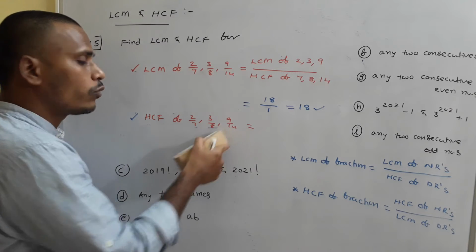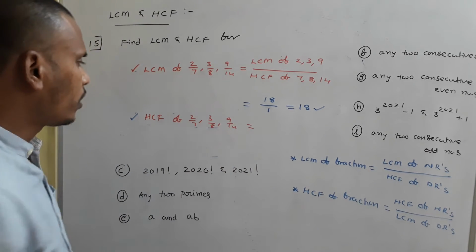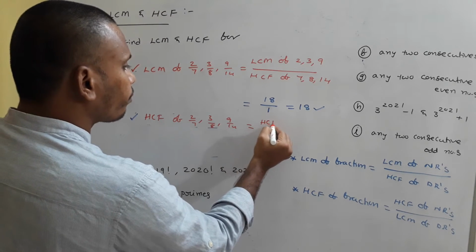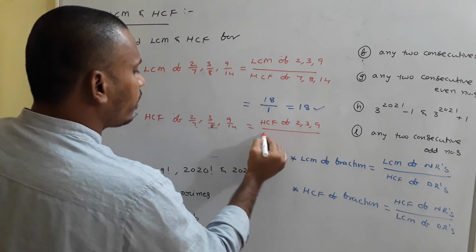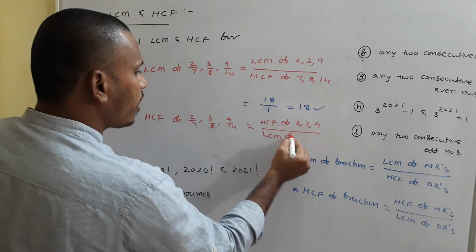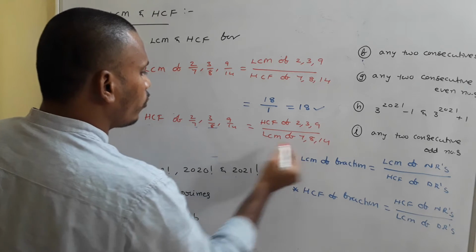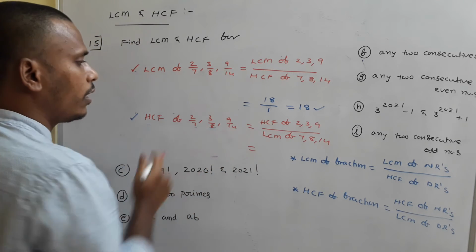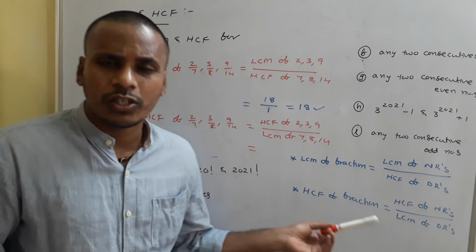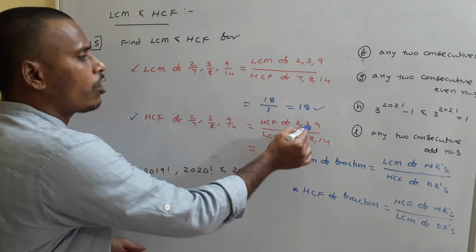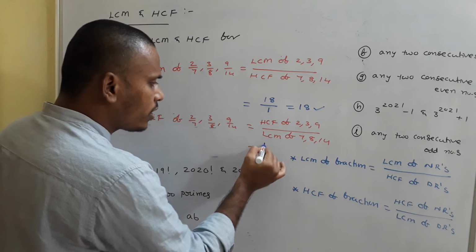It gives you the required answer. So this is equal to HCF of 2, 3, 9 divided by LCM of 7, 8, 14. HCF of 2, 3, 9: 2 is a prime number since it has two factors, 1 and 2, but 2 is not a factor of these numbers. So 1 is the HCF.